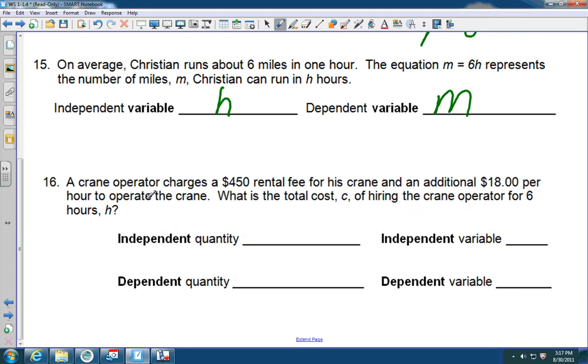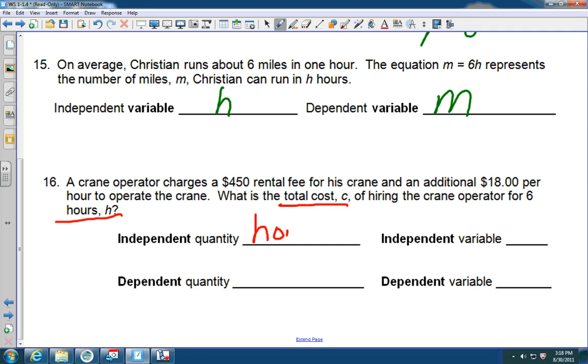This next one says a crane operator charges $450 rental fee for his crane and an additional $18 per hour to operate the crane. What is the total cost of the crane operator for 6 hours? Now, I said total cost will end up being your dependent. There's your time. The independent quantity, independent is the hours.